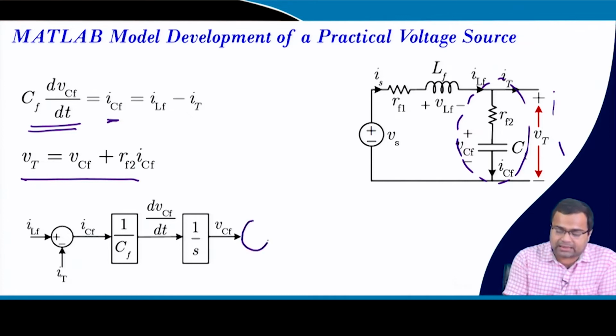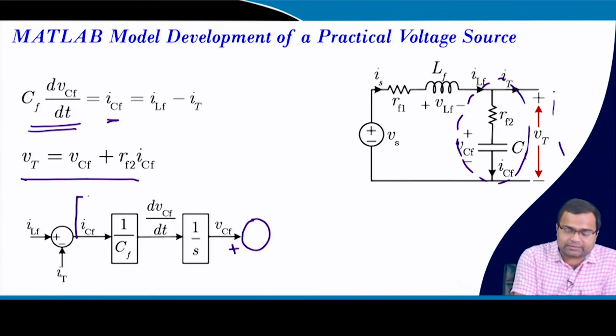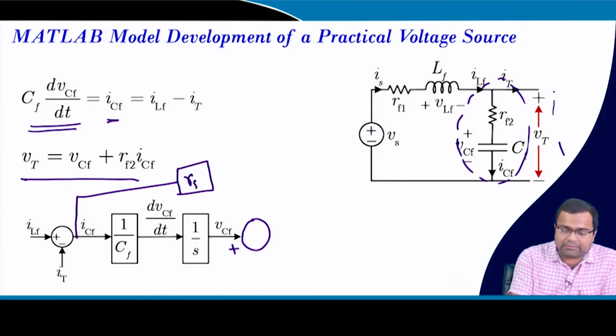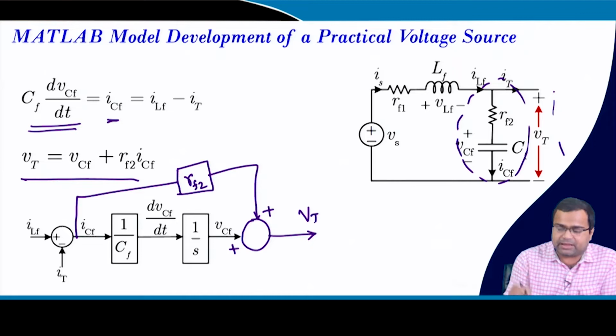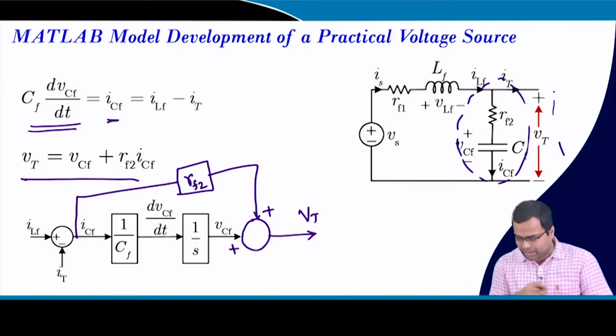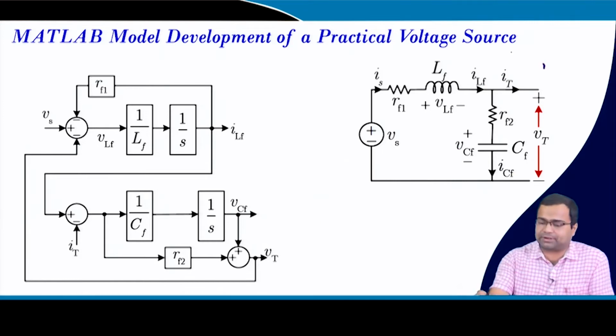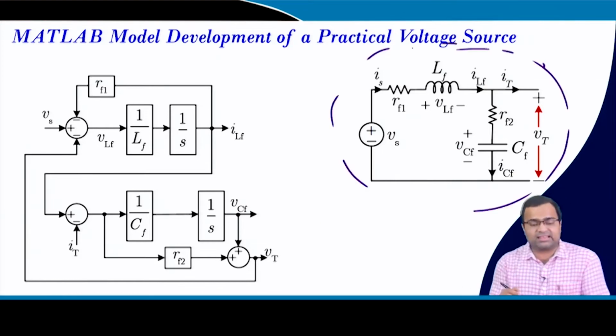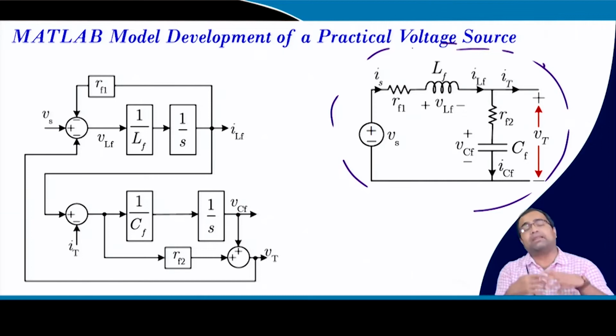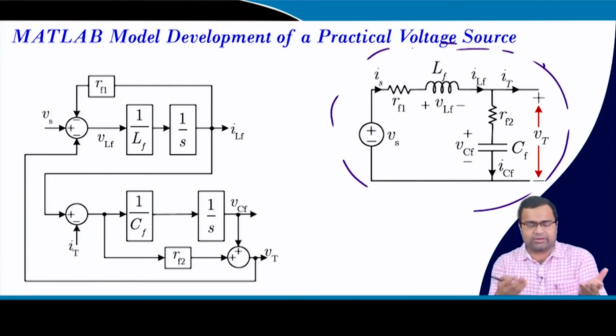So, if we tap this point and add VCF plus the drop across RF2 together, then you will get V terminal, which is the source voltage. This is a complete model of this particular filter, and we can build it in MATLAB. I will show you in just a few minutes.